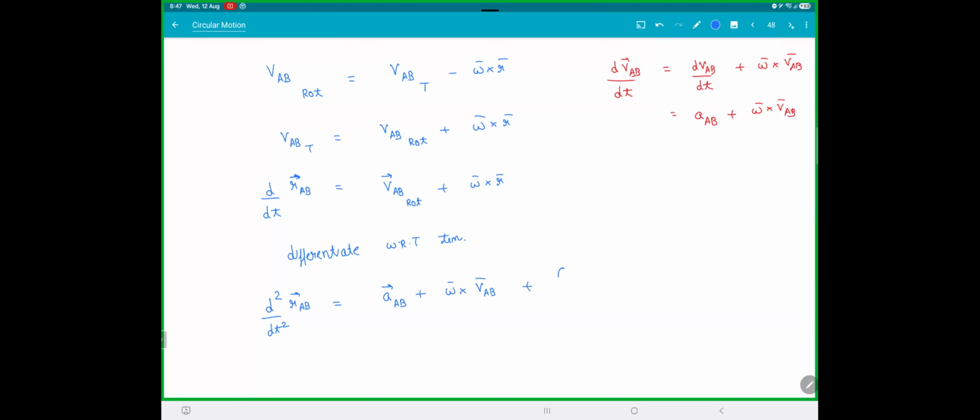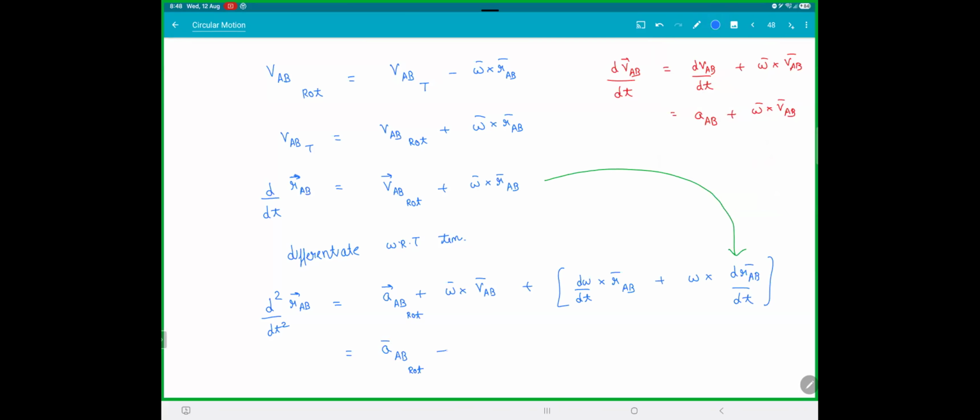Plus when you differentiate this, we will get d omega by dt. This is again RAB plus omega cross drAB by dt. But drAB by dt is nothing but this guy again. Yeah, it becomes a big mess actually. You got a big thing. This is the acceleration in the rotating frame.